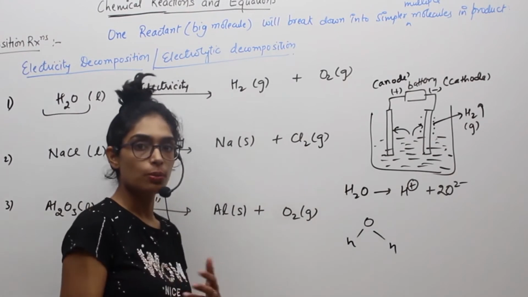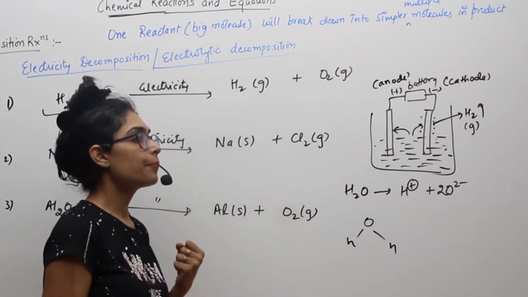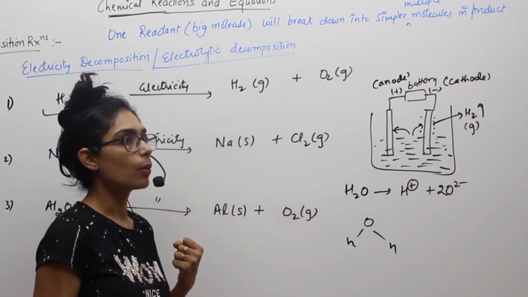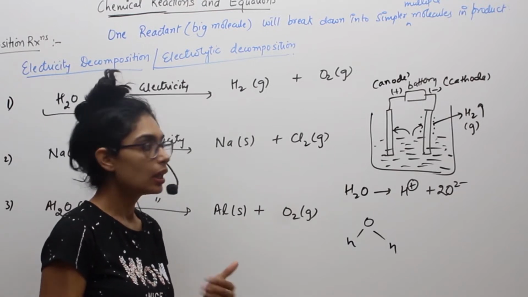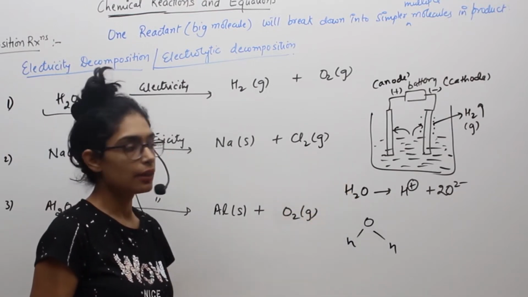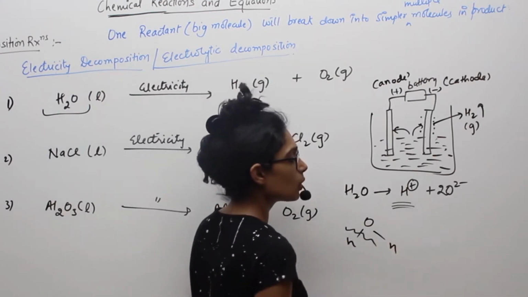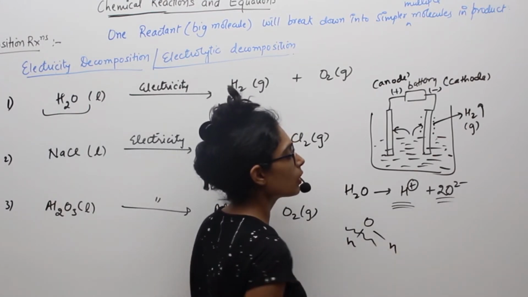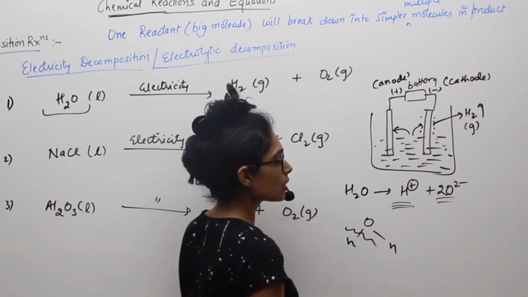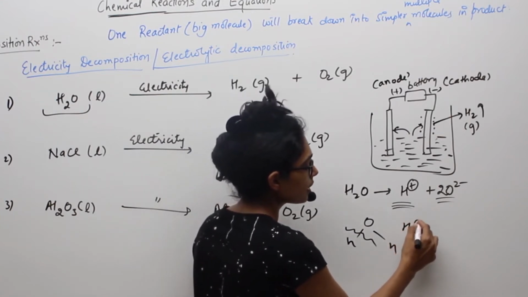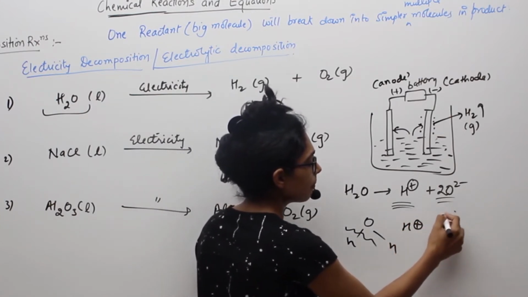Hydrogen is more electropositive, the one which forms with plus valency, whereas oxygen forms with negative valency. So when the bonds break, the hydrogen will come out as H+ and oxygen will come out as O2-. So H will have plus valency and oxygen will have minus valency.